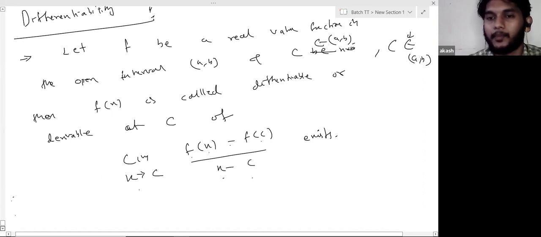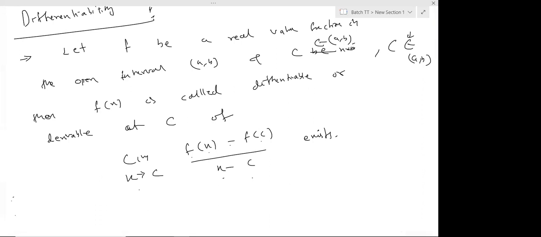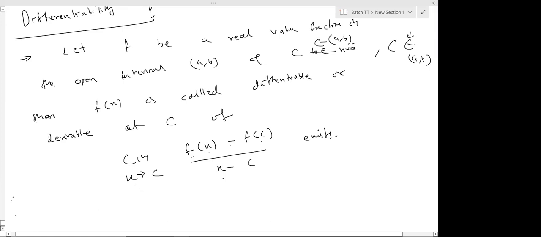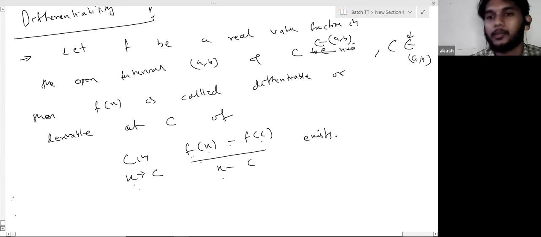So 0 by 0. If you put x equals c here in this limit, the numerator becomes f of c minus f of c, so it will become indeterminate. So we know how to use limits and solve few questions.